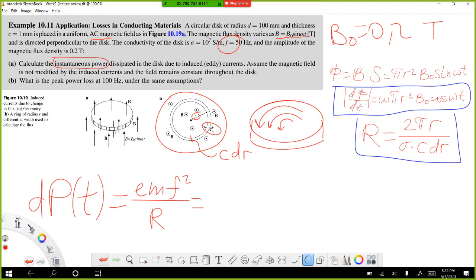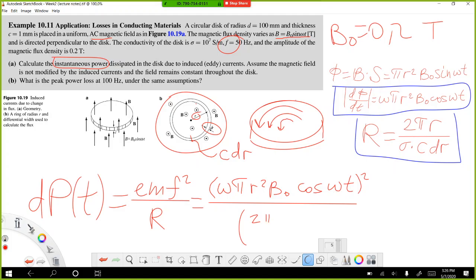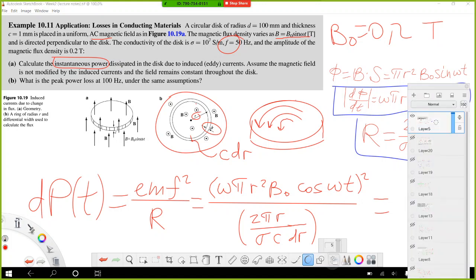Electromotive force is equal to dphi over dt and is equal to omega π r squared B0 cosine omega t, squared, and R is equal to 2πr over sigma c dr. And okay, this will be equal, if we simplify everything and move everything.